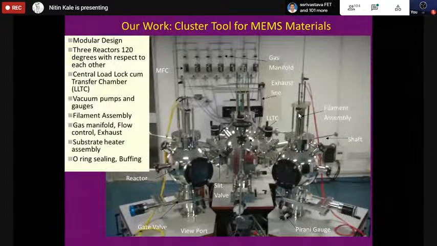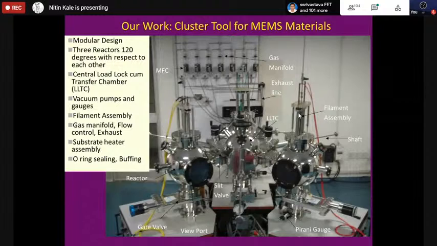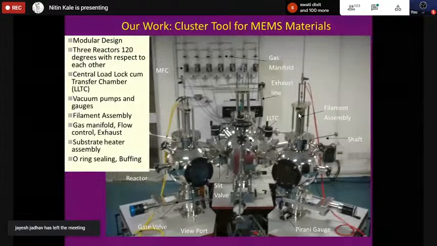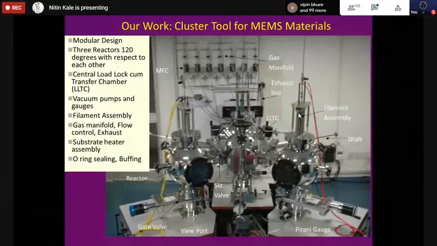I talked about LPCVD, if you remember. I said something about hot wire CVD. So this is a tool that I had built at IIT Bombay for my PhD. This enables low temperature deposition of thin films such as silicon nitride, polysilicon, doped and undoped polysilicon.